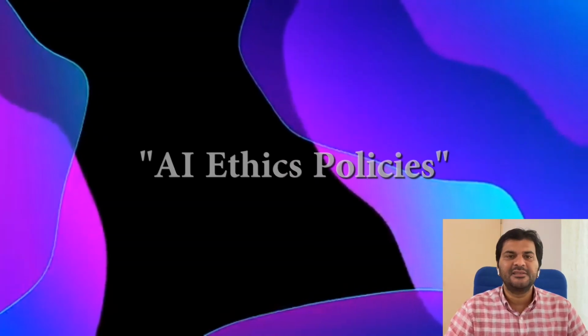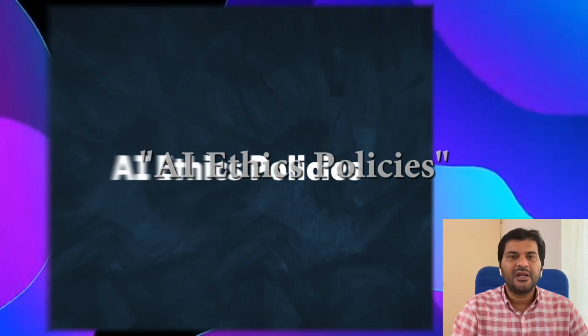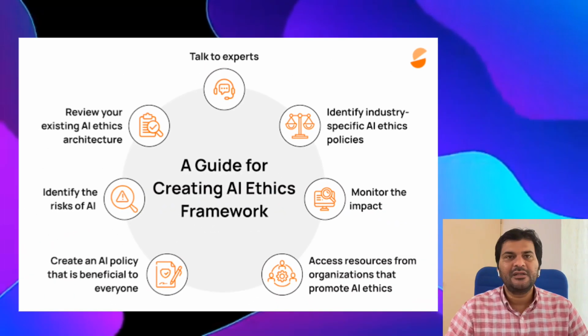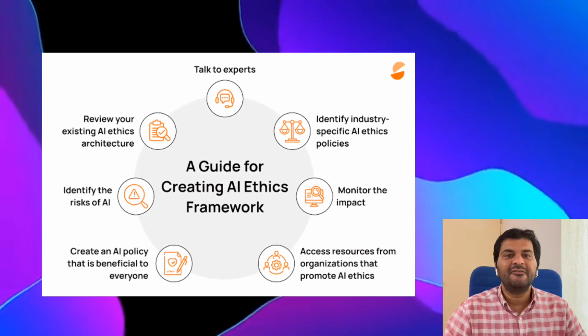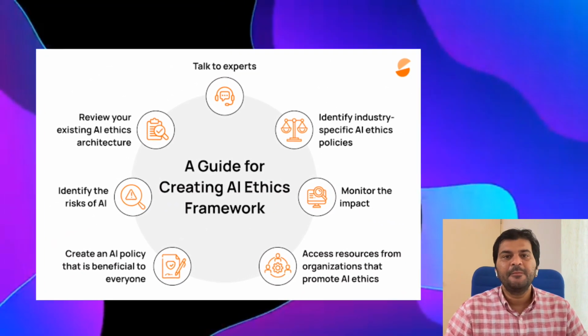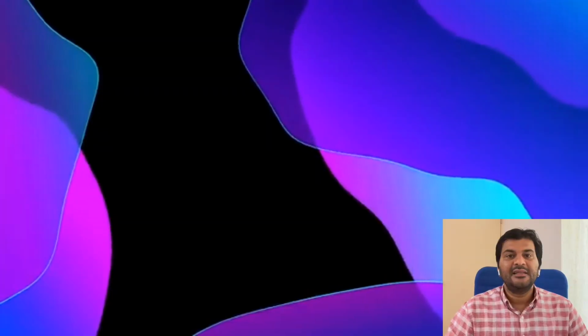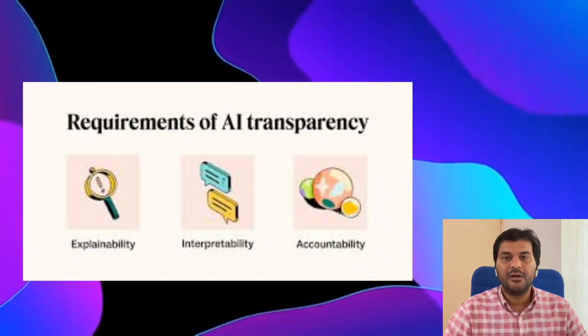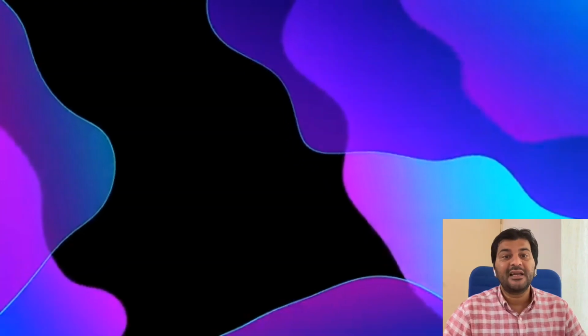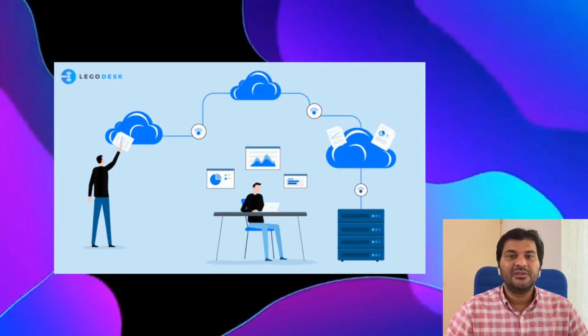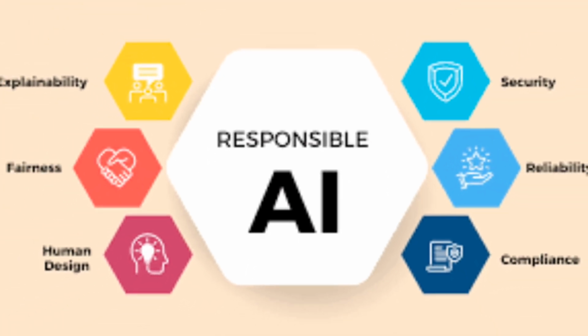Now the fifth point is ethics policies. Teams are developing and adhering to AI ethics policies, which is vital for maintaining the integrity of the client data. These policies should outline responsible AI use.